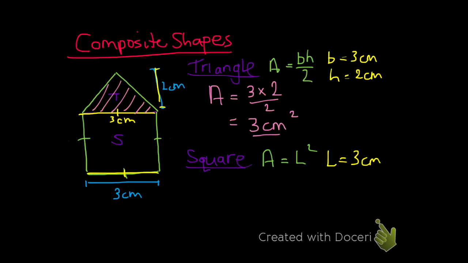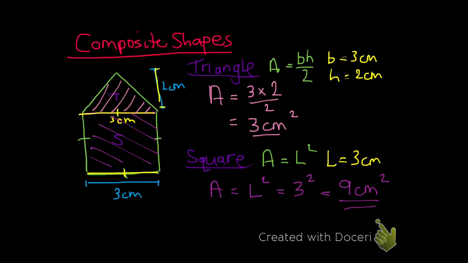Alright, let's use another colour and I'll work out the area of my square. So the area of my square, L being 3, is simply L squared, which is 3 squared, which is 9 centimeters squared. So this total area is 9 centimeters squared.